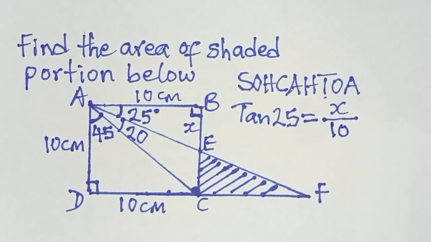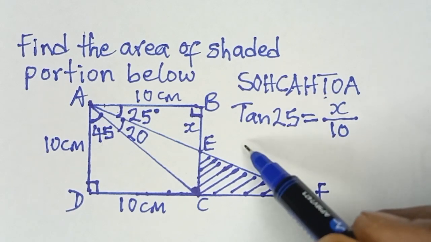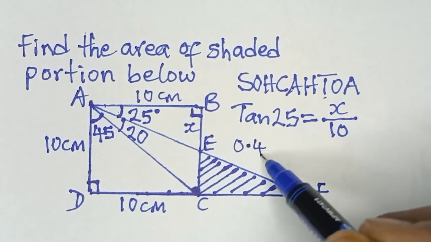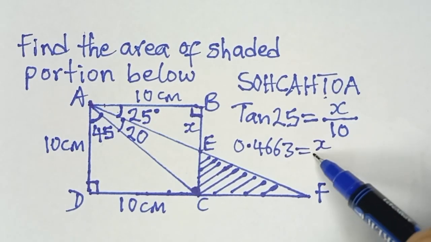From our calculator, tan 25 is 0.4663. So I have 0.4663 is equal to X over 10.